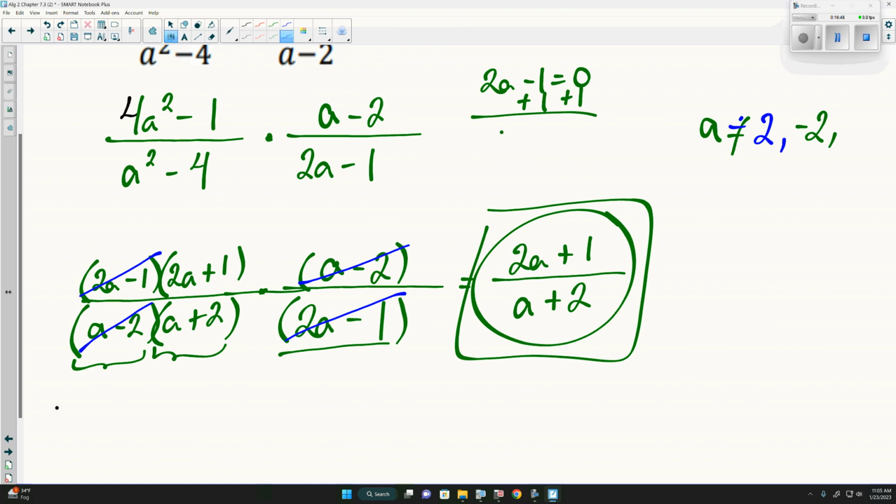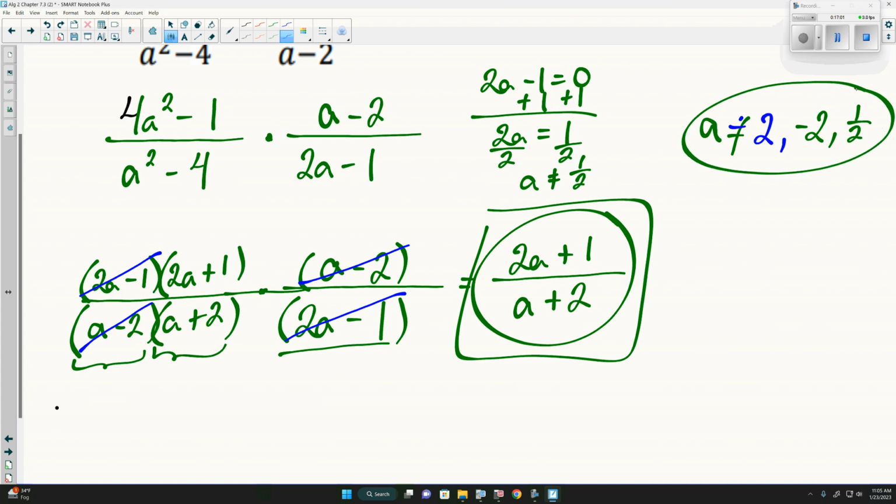So we can add 1 to both sides, telling us 2a is equal to 1. Divide by 2 tells us a is 1/2. So the other restriction would be positive 1/2. So if we have 1/2, positive 2, or negative 2, it would cause a division by 0, which does not work. Any other questions on this here?